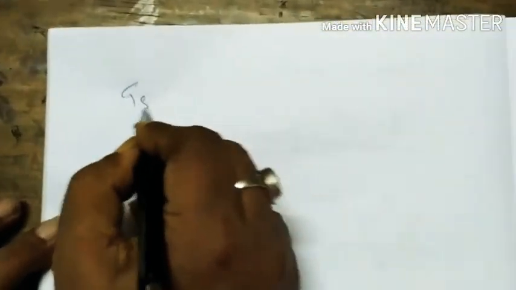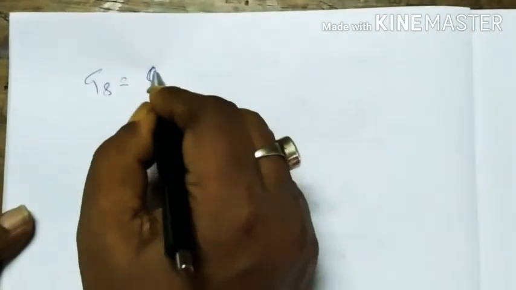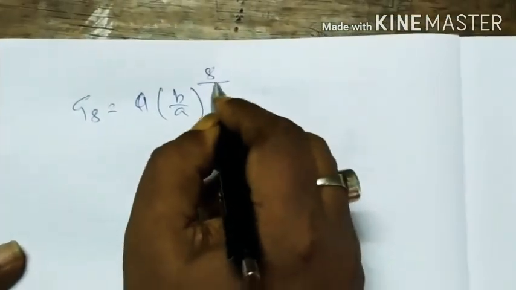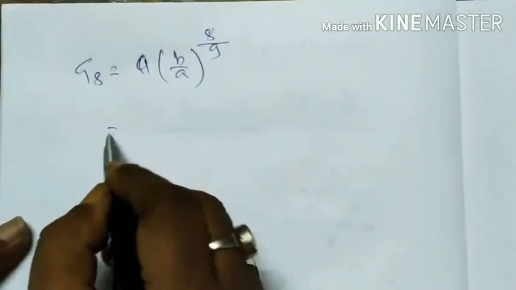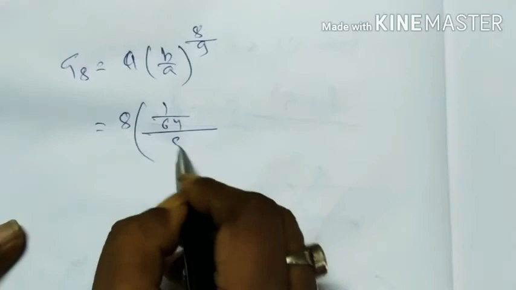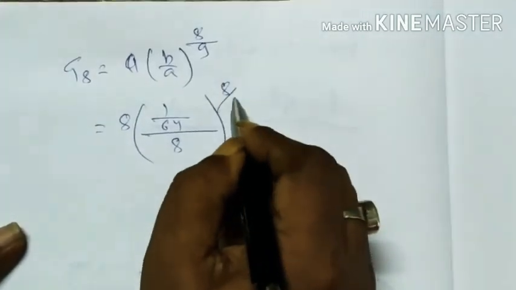This G8, that is A, B by A to the whole power 8 by 9. This is 8, 1 by 64 by 8 to the whole power 8 by 9.